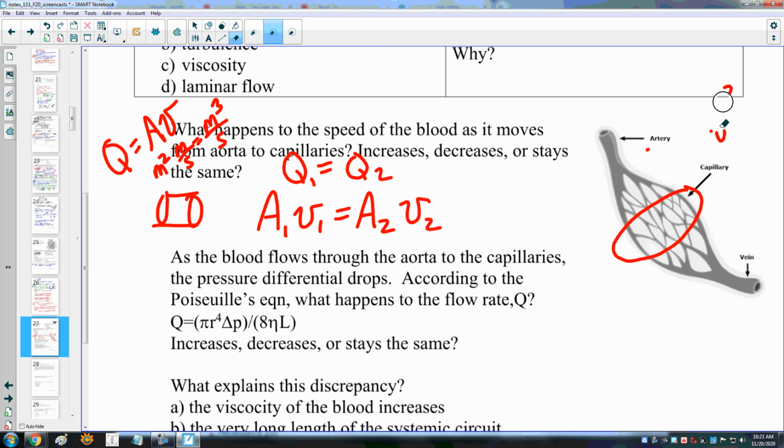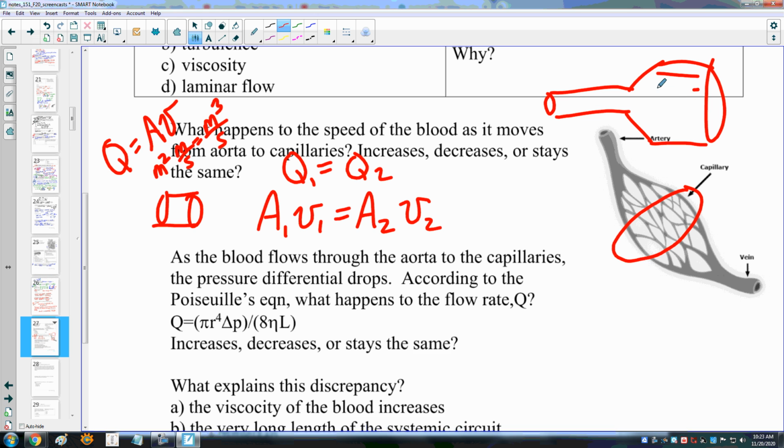The aorta is here, and then I move into the capillaries, and of course the capillaries are divided up into thousands of different vessels. So the area of the capillaries actually goes up, and so the speed of the blood flow in the capillaries is quite slow. So the speed will decrease.